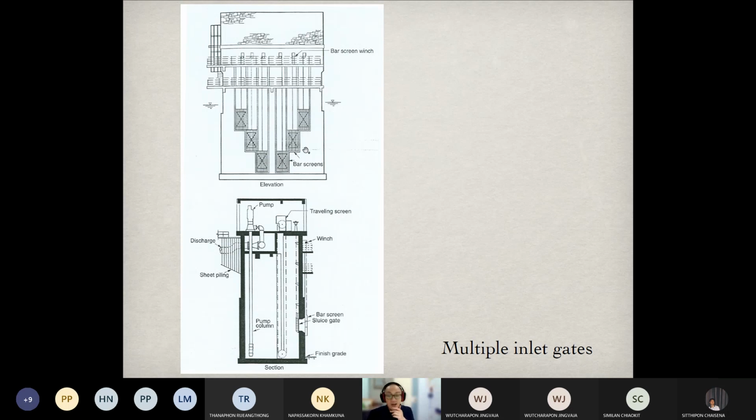But if it's not that good, then we take the water from the middle port, or sometimes the upper port. So we don't always use just one or two ports. You can use up to several ports like this, as long as we produce good quality water. So these are the multiple inlet gates. On this side, there are the gates along the height of the tower.